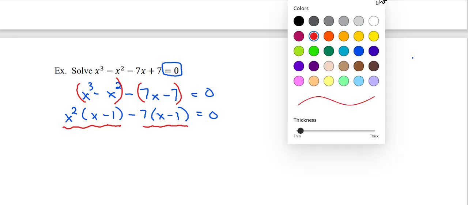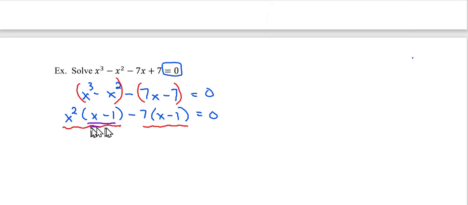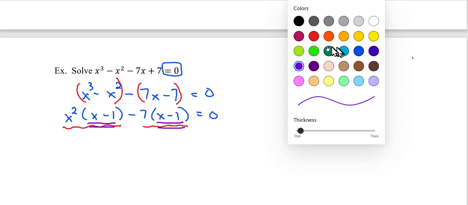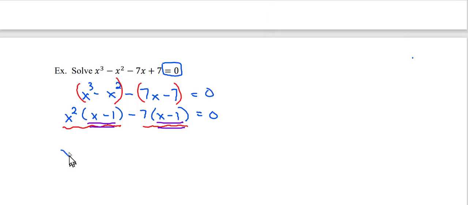So in those 2 terms, I have x minus 1 as a common factor in both of those, so I factor it out. When I factor x minus 1 out of that first term, I have x squared. When I factor it out of here, I have minus 7, still equal to 0.